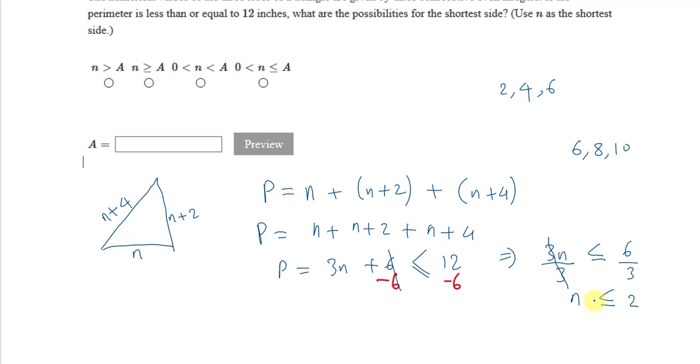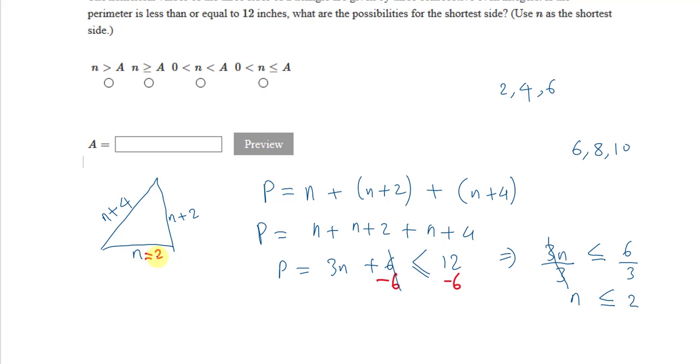But we cannot get a negative value because this is the measurement of the side of a triangle. And the shorter side cannot be 0 either because it just has 0 measurement or nothing. That doesn't make sense. So in fact, the only value we can have for n is just number 2, because we can get less than or equal to 2, but there's no way we can have any value less than 2. So we can just pick 2 for n.